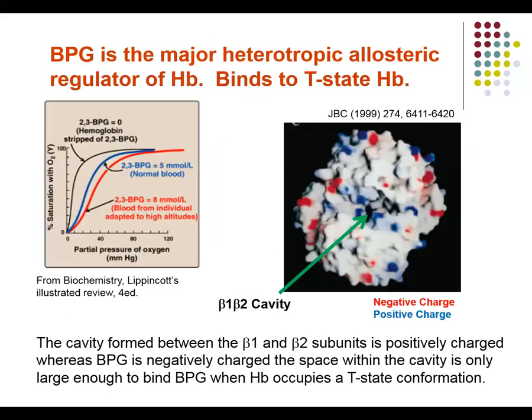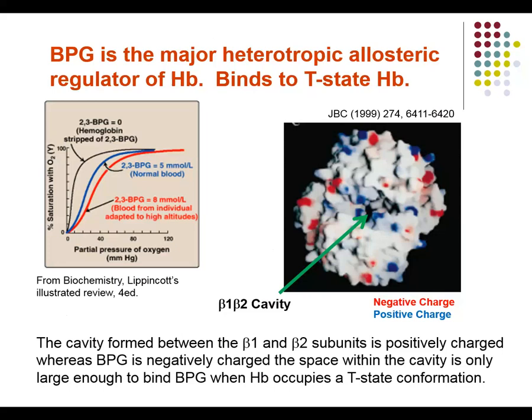This particular figure gives you an explanation of 2,3-BPG, or bisphosphoglycerate. To the left, we have an oxygen binding curve, which shows percent saturation of oxygen on the y-axis and the partial pressure of oxygen measured in millimeters mercury. We see that as the 2,3-BPG concentration increases, we get a shift in the oxygen binding curve to the right. That means the P50 is getting larger and the oxygen affinity is getting smaller.